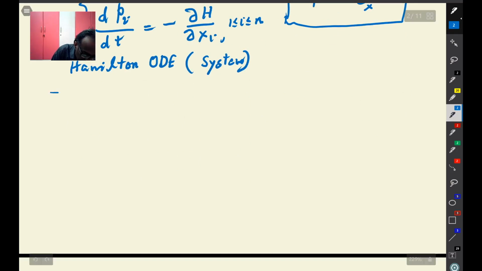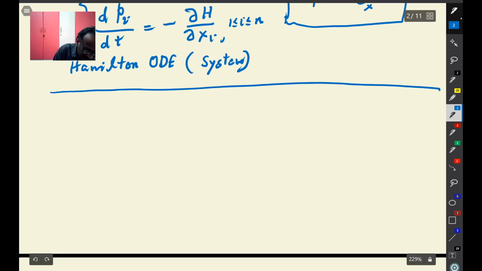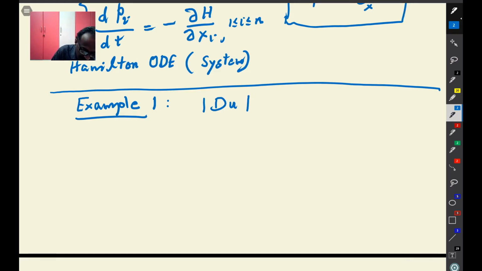So let me start with an example. This is a very simple equation, and let me do it in one dimension, which is easier. So you have u prime of t.